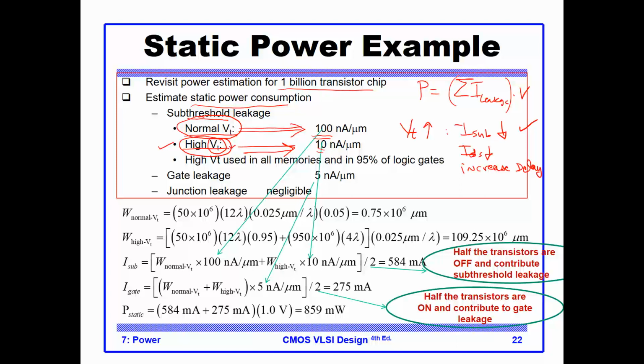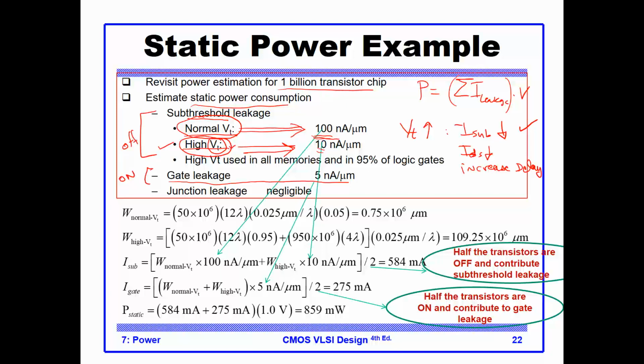Now, typically current is expressed as ampere per micrometer of the gate of the design. So we have to find the total gate of the design and multiply it with this factor here. Gate leakage relates to the on devices, and the subthreshold is for the off devices.